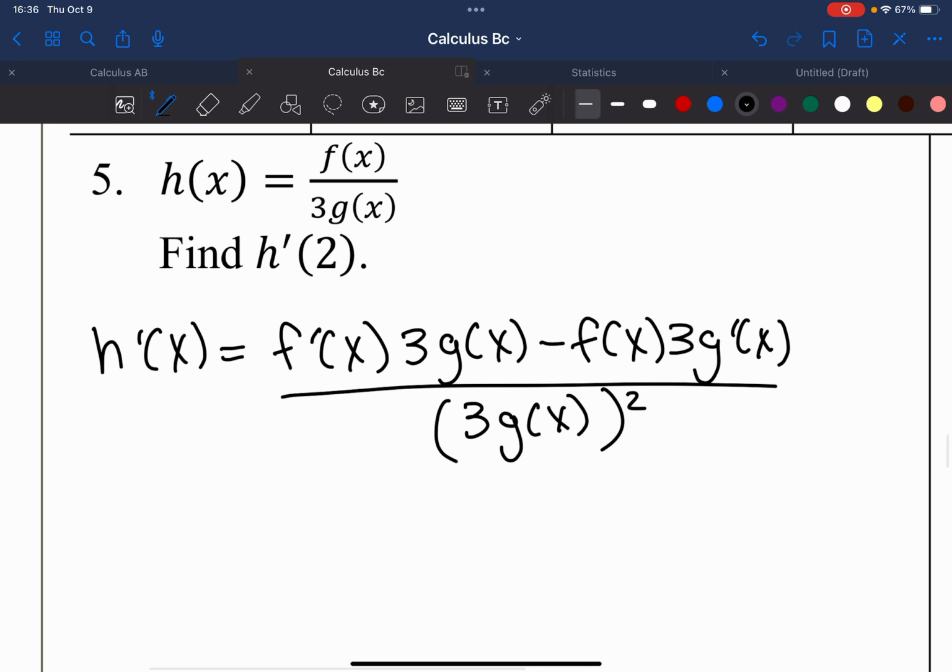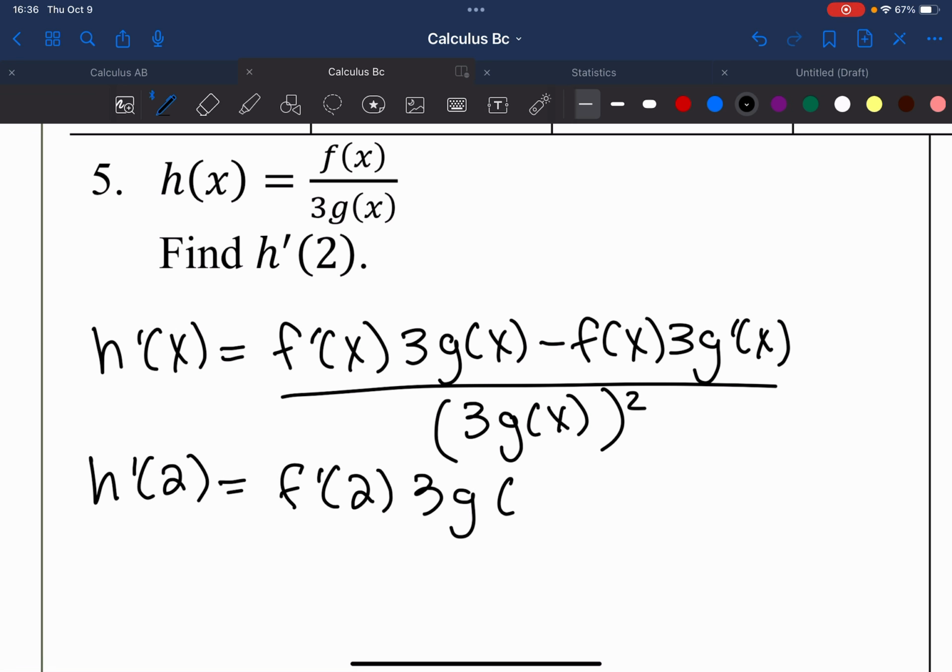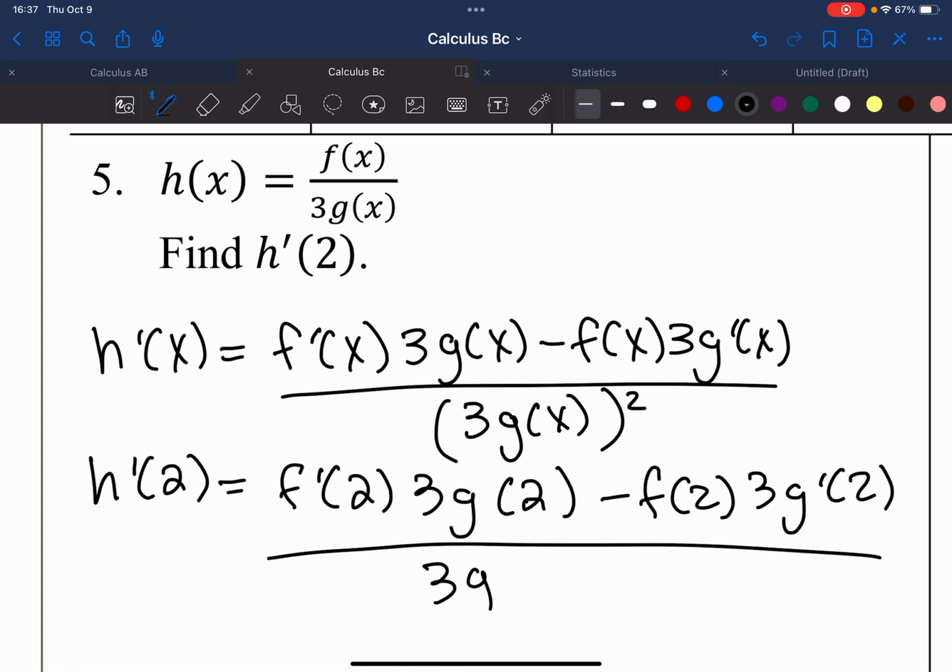And then I want to find h prime of 2. So h prime of 2 is equal to f prime of 2 times 3g of 2 minus f of 2 times 3g prime of 2, all divided by 3 times g of 2 squared.